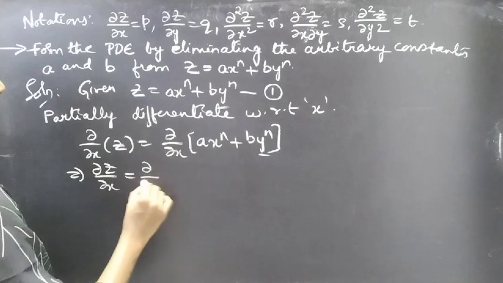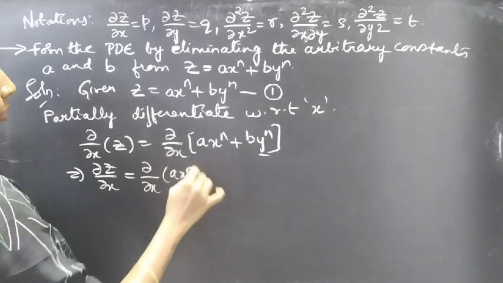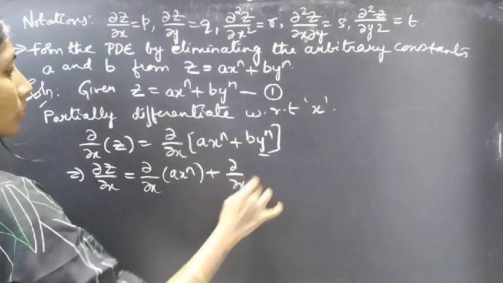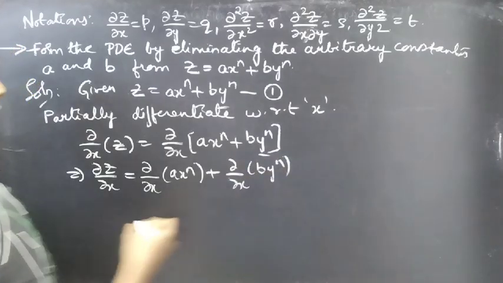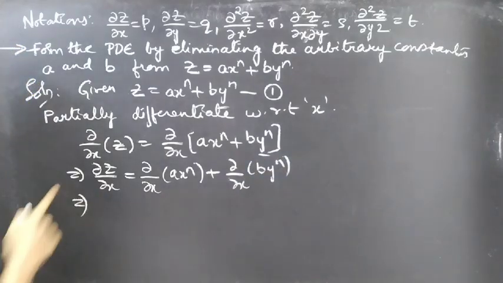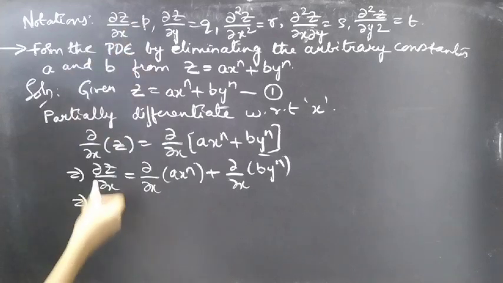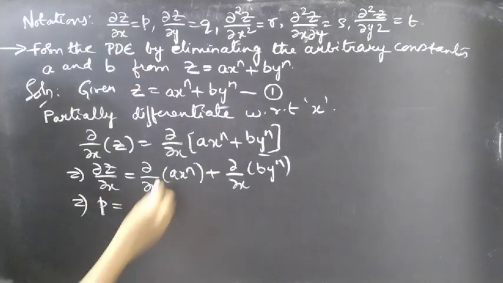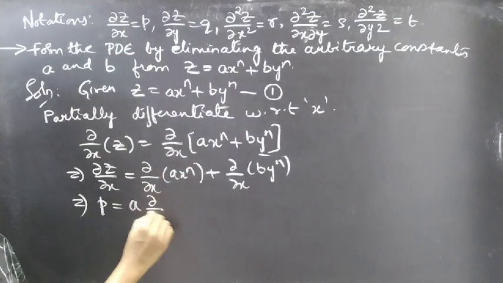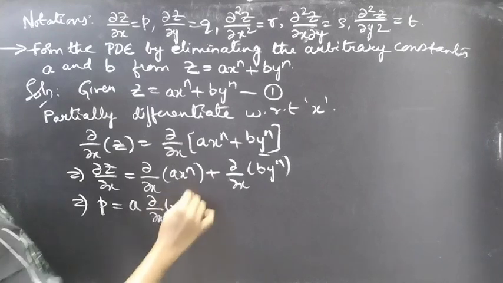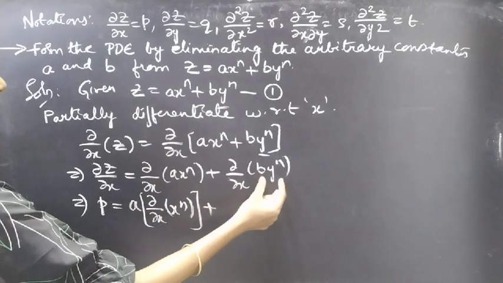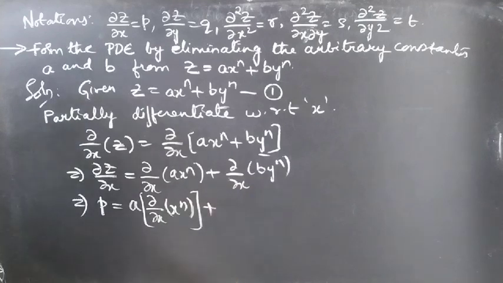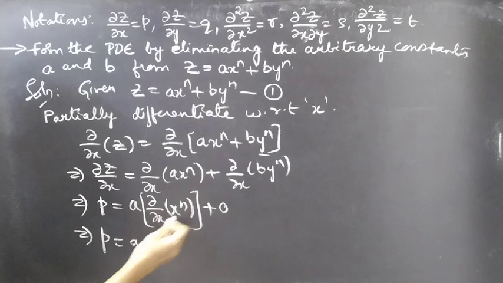Now we have a notation dou z by dou x equal to p, so let's replace this with p equal to a into dou by dou x of x power n, plus the partial derivative of a constant with respect to x, which is 0. This gives us p equal to a into the partial derivative of x power n with respect to x, which is n into x power n minus 1, right?